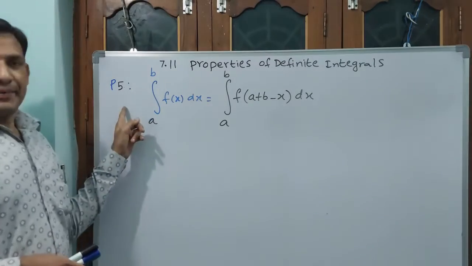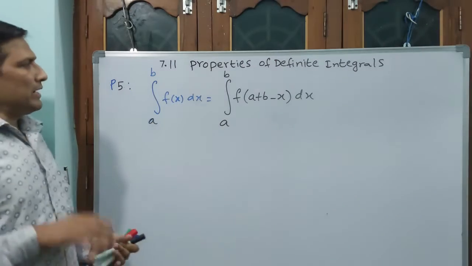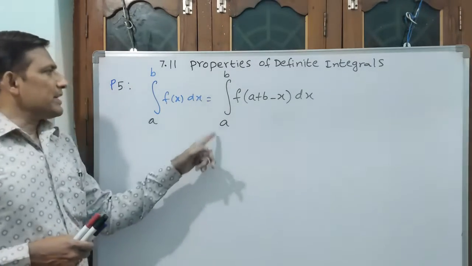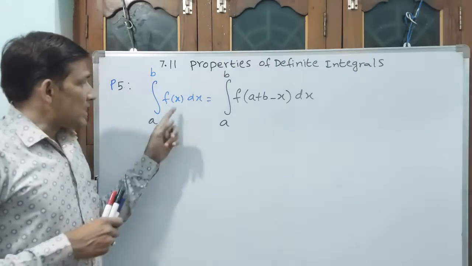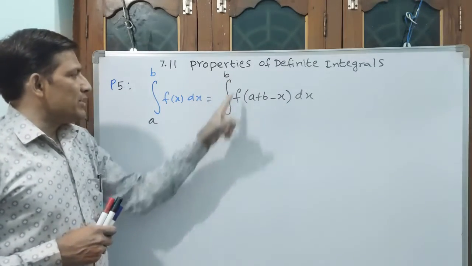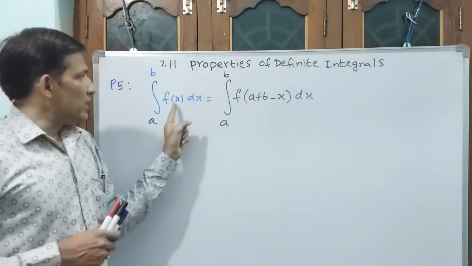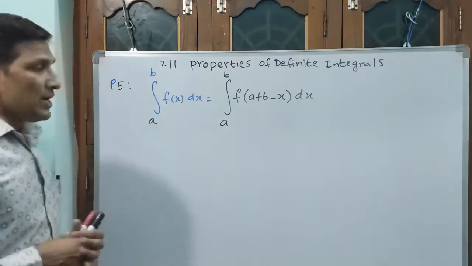See, the fifth property: integral a to b of f of x dx is equal to, observe carefully how it has come, first you see, integral a to b of f of a plus b minus x dx. What is the change here? dx is not changed, b is not changed, a is not changed, only x has been changed to a plus b minus x. How has it come?